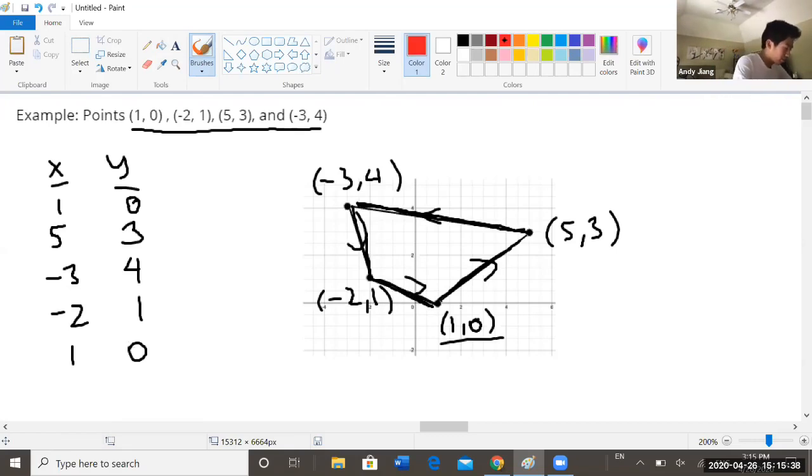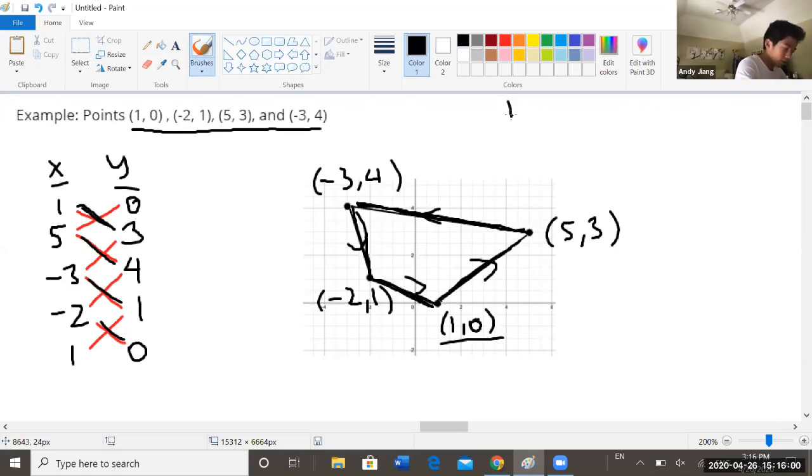All right, my next step is to use this table, and if it helps you, draw lines between the opposite sides like that. So I take all of these lines that are going down like that, and I add those products.